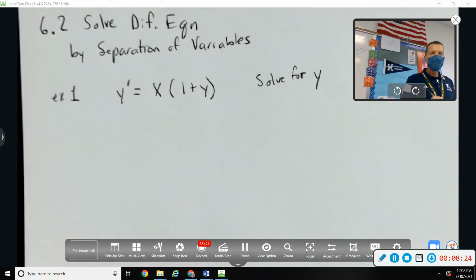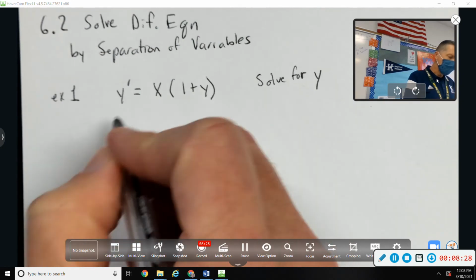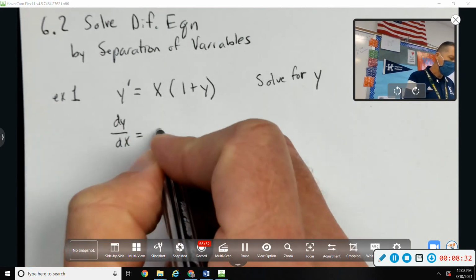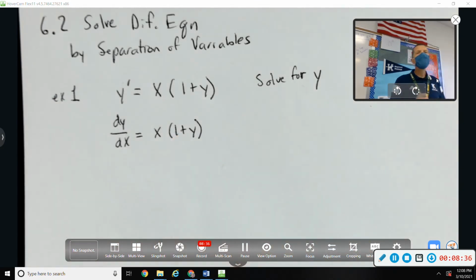All right, solve for y. Y prime is fine, but when we're doing separation of variables, it's probably better to write it as dy/dx, because then we can separate the variables. Y prime has dy and dx sort of embedded in it, so you can't separate them.